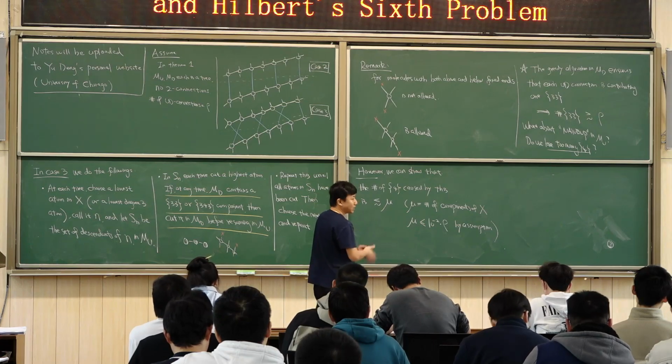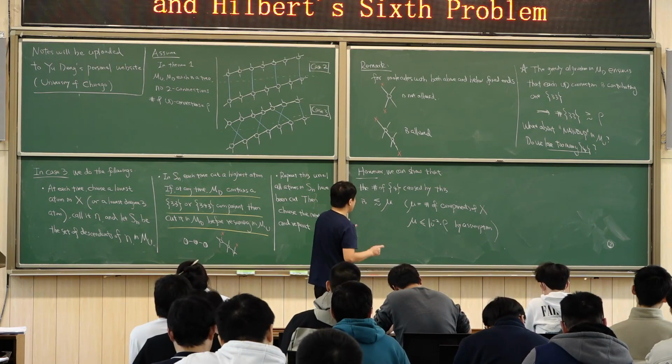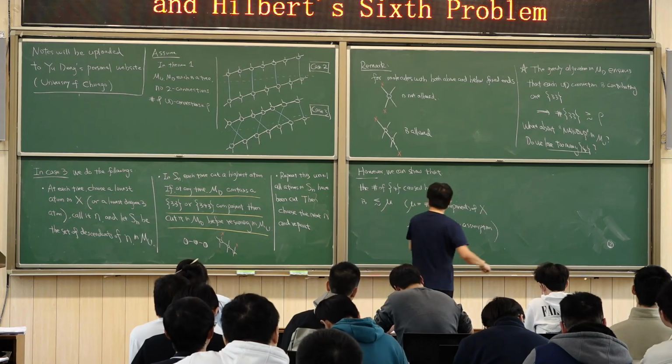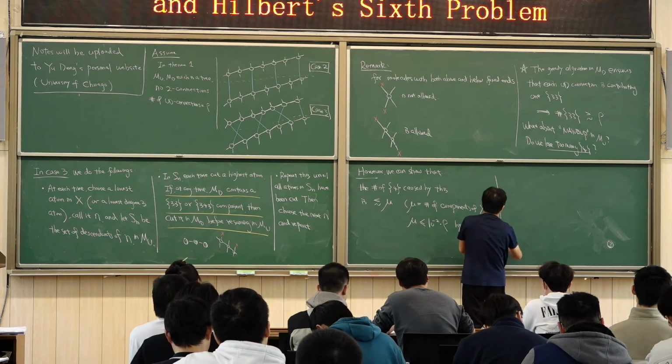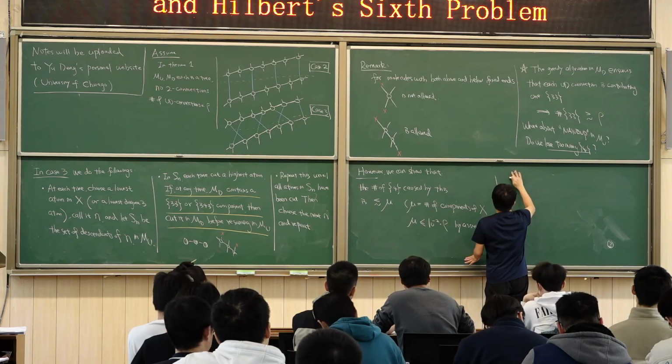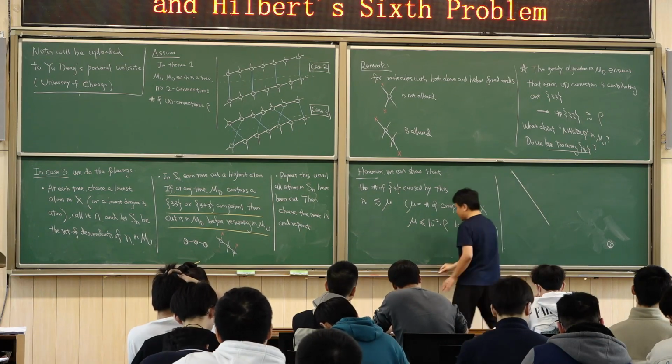In the general case, again, you consider the different branches or trees, which is more complicated. But let's just assume MU is a monotonic chain.